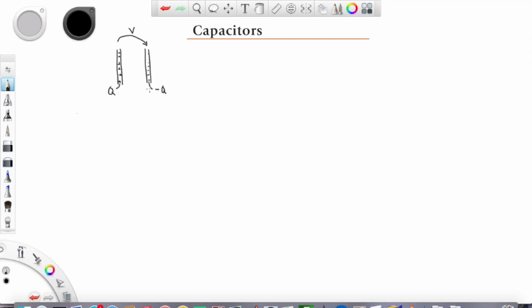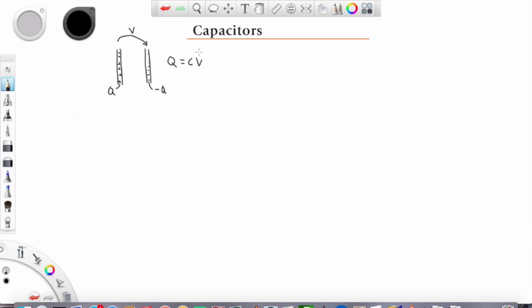If we have charge Q on one plate, we have the exact amount on the opposite plate, minus Q. And it's been found that these two quantities, the charge on the plates and the voltage difference between the plates, are described by this expression: the magnitude of charge on one plate equals something called the capacitance of the capacitor times the voltage difference over the two plates.